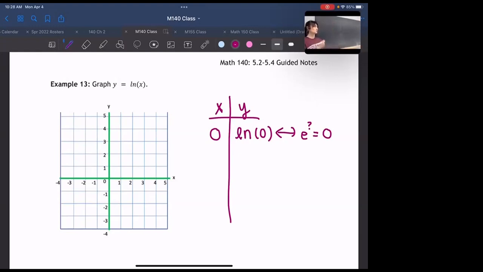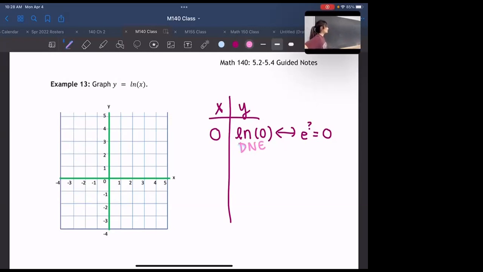We can get fractions, but there's nothing that we can do to raise a number to a power and get 0. Okay, so this answer does not exist. There is no y value when x equals 0 such that ln of 0 equals something.